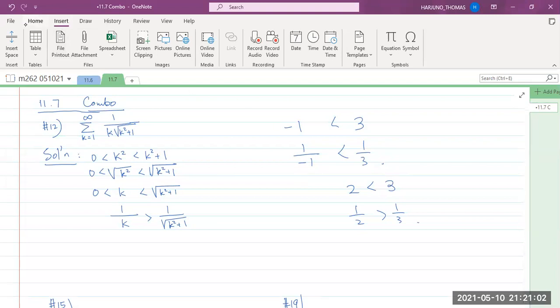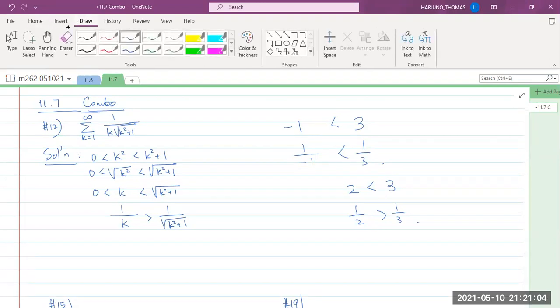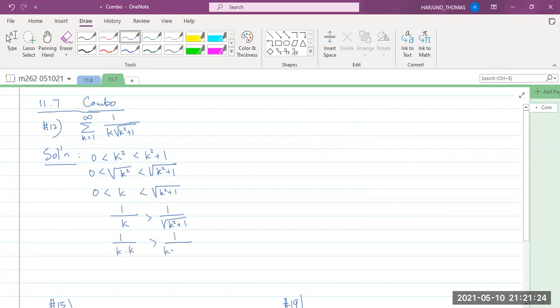That's why we need that. Actually, if both of them are negative, it is still correct. Now, if I multiply both sides by 1 over k, the inequality is maintained because 1 over k is positive, right?